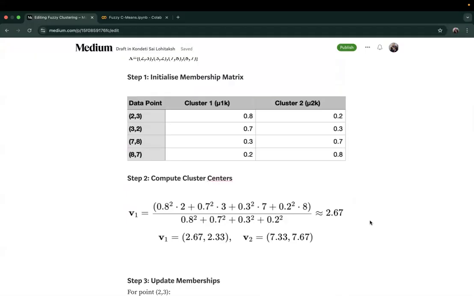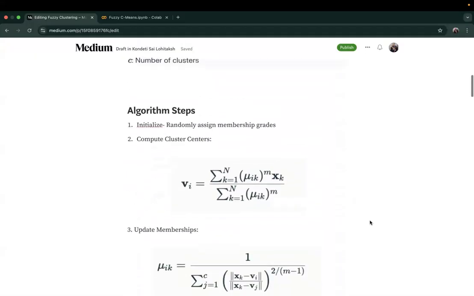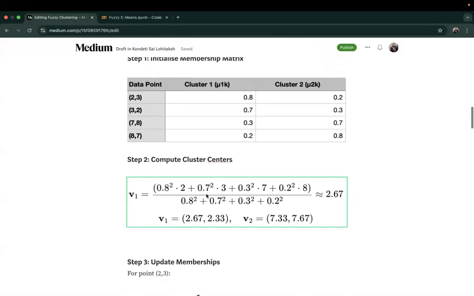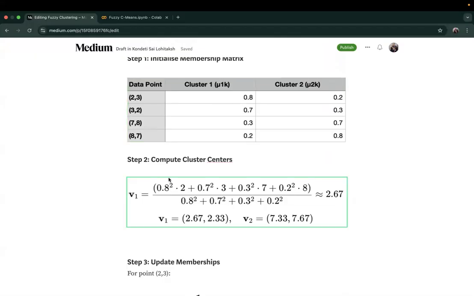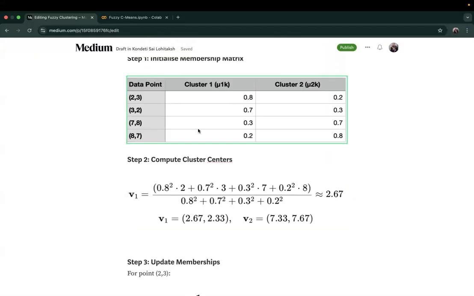First, we find the cluster centroids. Using this formula, in cluster 1 we take the first point 0.8 and multiply it with 2, plus 0.7 multiplied with 3, plus 0.3 multiplied with 7, and 0.2 multiplied with 8, divided by 0.8 squared plus 0.7 squared plus 0.3 squared plus 0.2 squared.